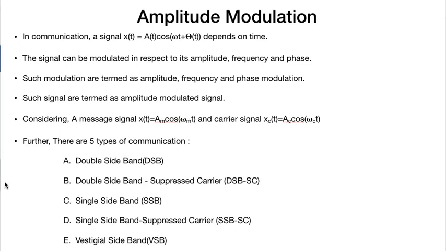Amplitude modulation is further divided into different types: double sideband, double sideband suppressed carrier, single sideband suppressed carrier, and vestigial sideband.